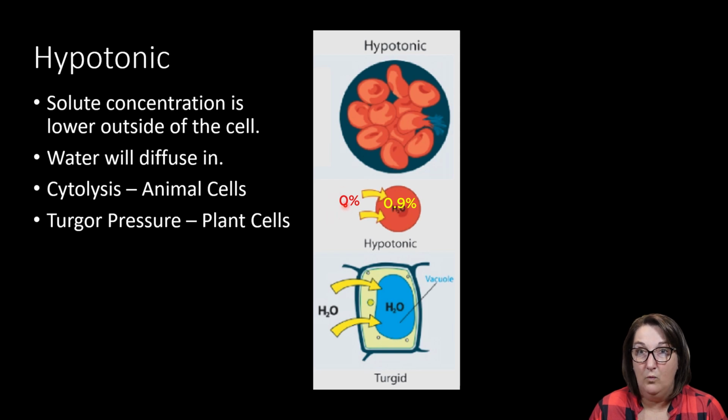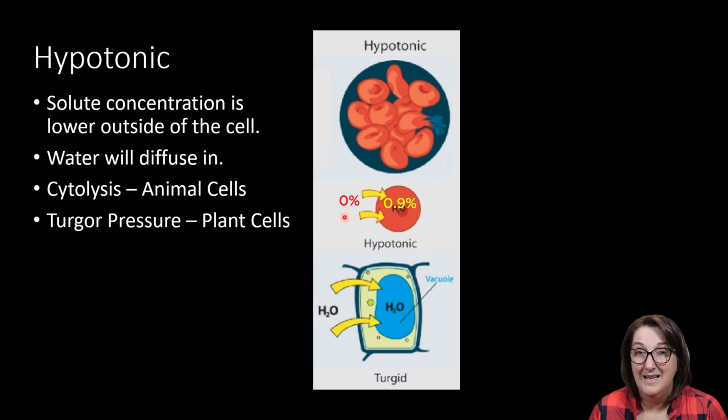Now all of a sudden, where do I have more solute? Where are all my salts? I have all my salts inside. So that means I have less water inside than I do outside. So now I have a high concentration of water out here, and a low concentration of water in here. Remember, water wants to go from a high to a low, and it's going to rush inside the cell.